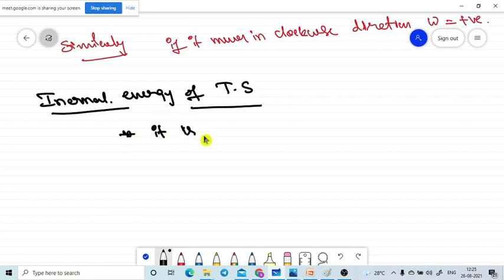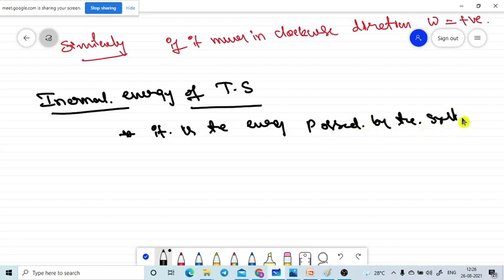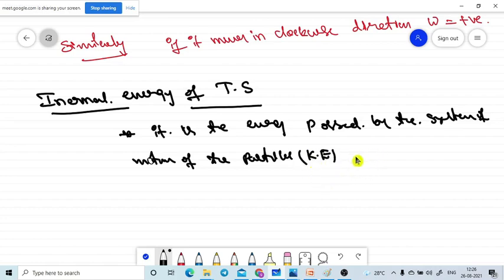It is the energy possessed by the system due to the motion of the particles, that is the kinetic energy, and due to the configuration of the particles.